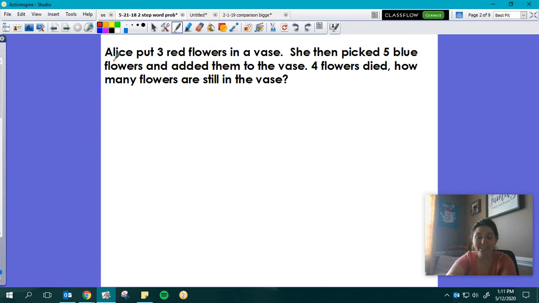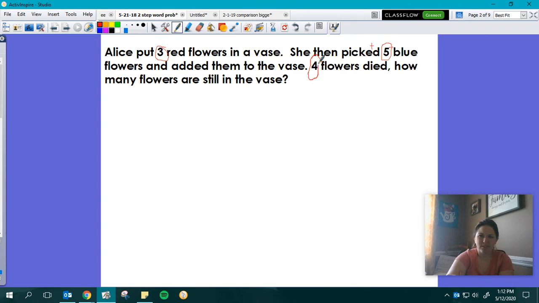Let's go one sentence at a time and see what information we need. Alice put 3 red flowers in a vase. Okay, so we know that she has 3 red flowers. Then she picked 5 blue flowers and added them to the vase. Ooh, if she picked 5 blue flowers and added them to the vase, that's a clue to me that it's going to be joining those 5 with the first 3 red flowers. 4 flowers died.